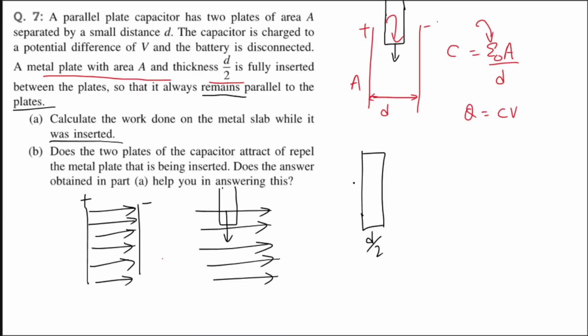You already know that since metal is a conductor, it has free charges, right? So it has free positive charge and free negative charge. Positive charge will start accumulating towards the direction of the electric field and negative charge opposite to the direction of the electric field. So some sort of polarization will happen within that metallic space.